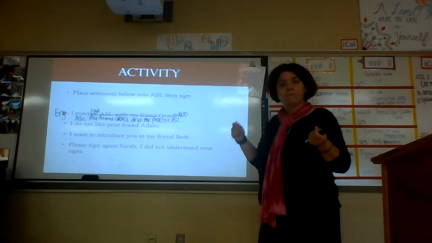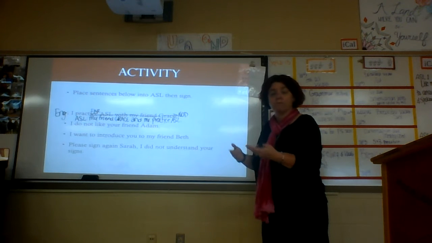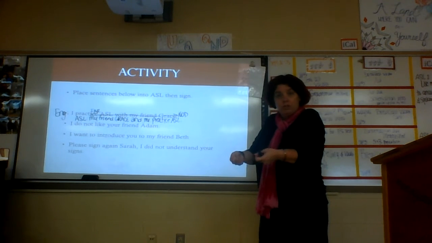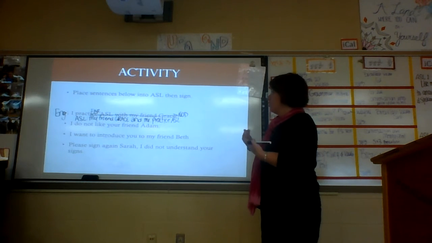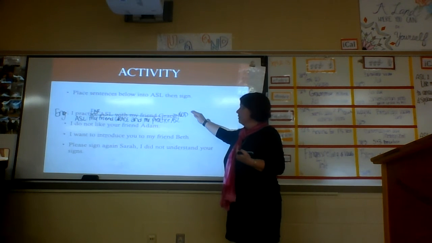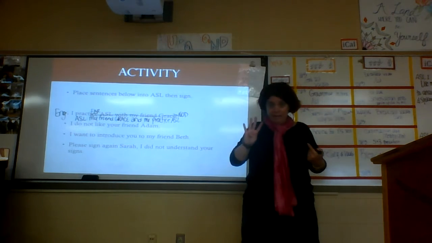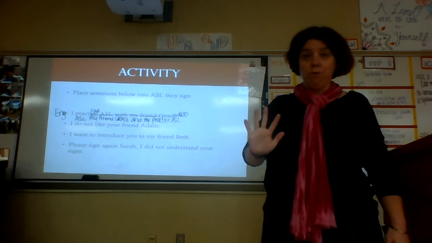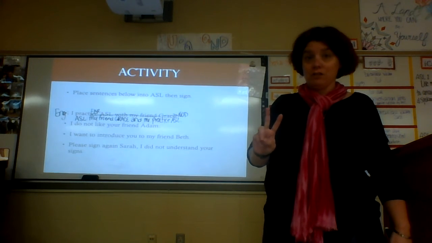You do receive points for turning in the writing. Okay, so you come up to my desk tomorrow. Show me your paper when it's your turn. You're gonna have your paper so you can sign, and then you're going to show me the English, ASL, grammar on top, English, ASL, grammar on top, and so on for all 4 sentences. Each sentence when you sign is worth 5 points. Okay, 2 of those points are facial expressions.